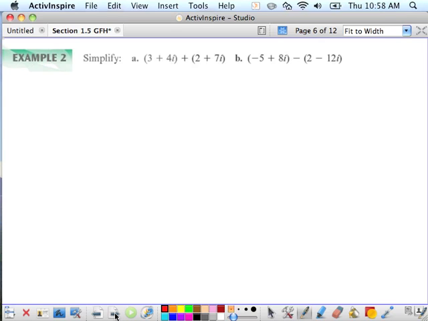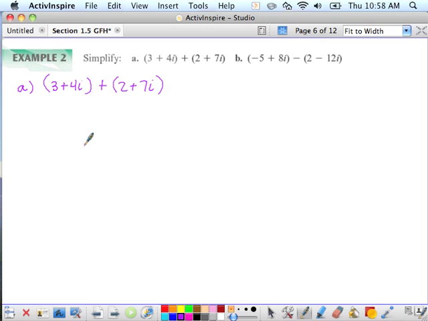Example 2 just asks us to simplify these two problems. Let's start with part A. Part A says take 3 plus 4i, so that's one complex number, and add to it 2 plus 7i. So 3 plus 4i plus 2 plus 7i.